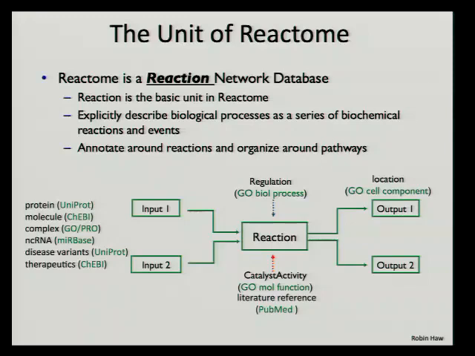This conversion can be regulated, and the regulation includes activation or inhibition. Of course, as a biochemical reaction, it should be annotated by some kind of catalyst, so we have the so-called catalyst activity. As you can see here, all objects annotated for a reaction, and also the reaction itself, are extensively cross-linked to our external databases, as I just pointed out several slides ago.